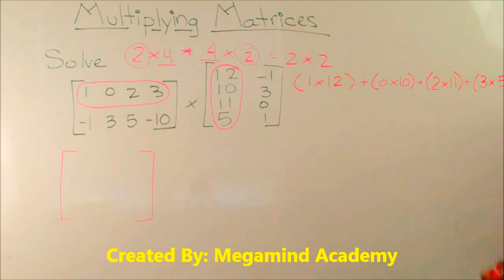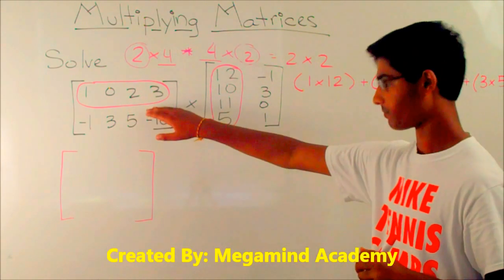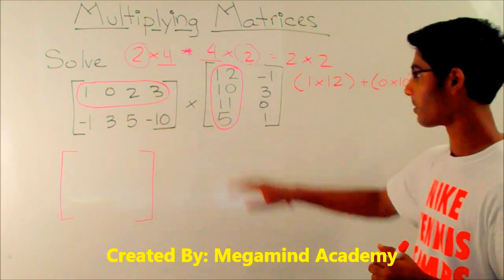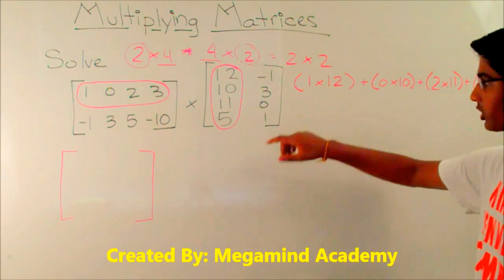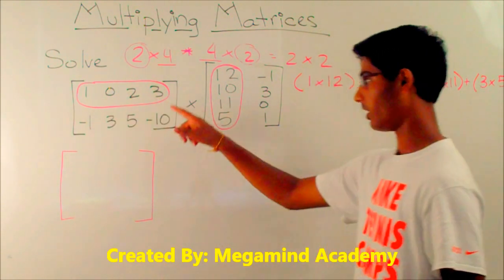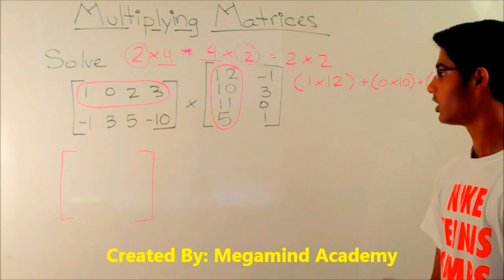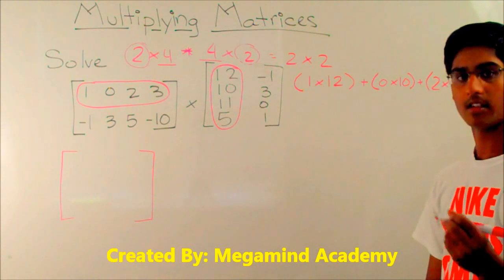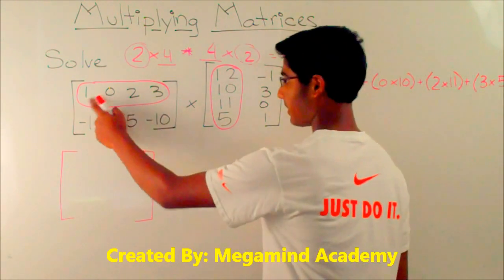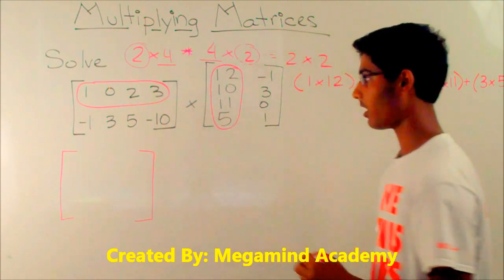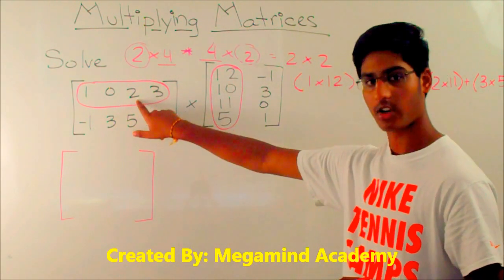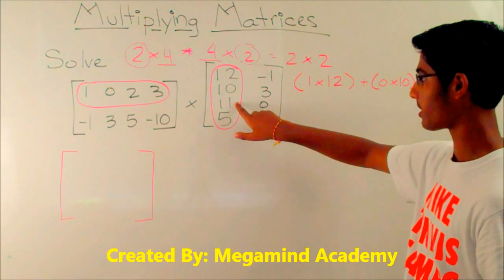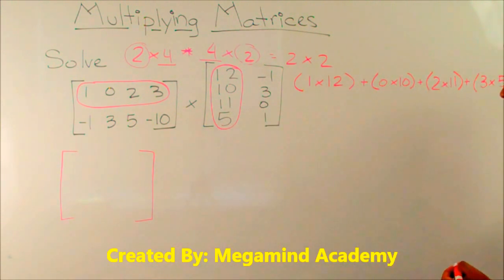We see that when we multiply this way, the only way it works out is when the number of columns equals the number of rows, so each term can multiply with another one: 1 with 12, 0 with 10, 2 with 11, and 3 with 5. The order in which they're placed is what they multiply with in the other matrix. So 2 is the third column, so it multiplies with the third row, which is 11.